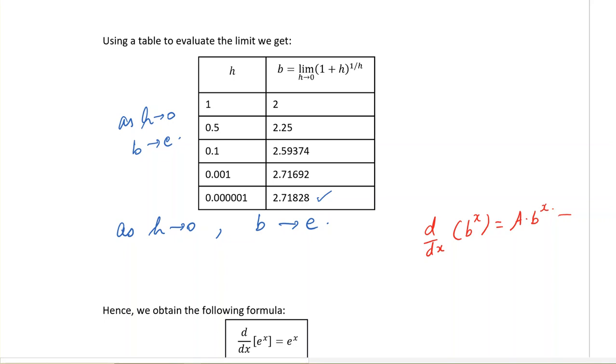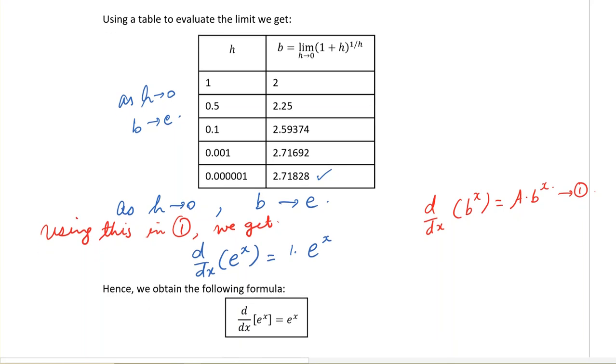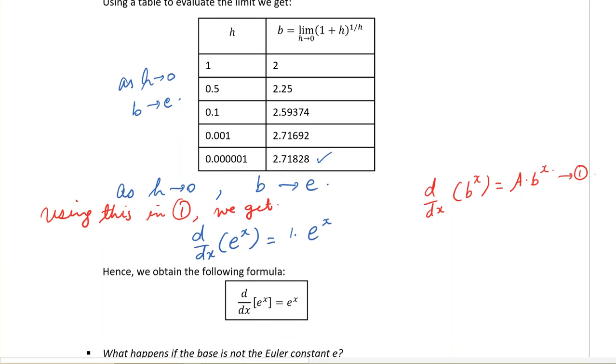Using that h approaches 0 and b approaches e in number 1, in place of b we write e, and a is 1, and then e raised to power x. So from here, we got the formula that the derivative of e raised to power x is equal to e raised to power x.